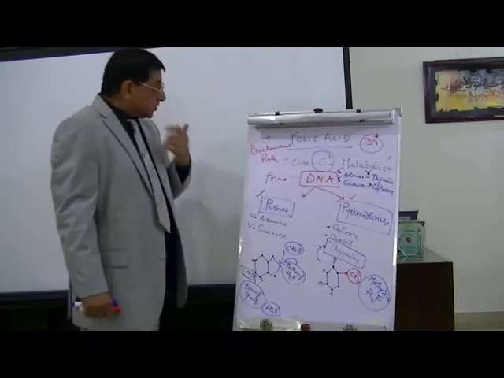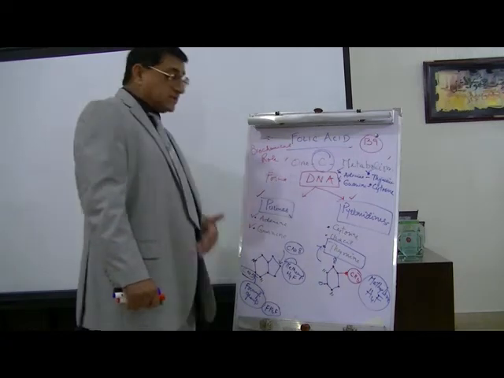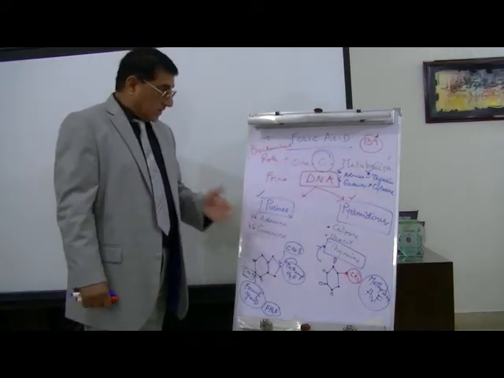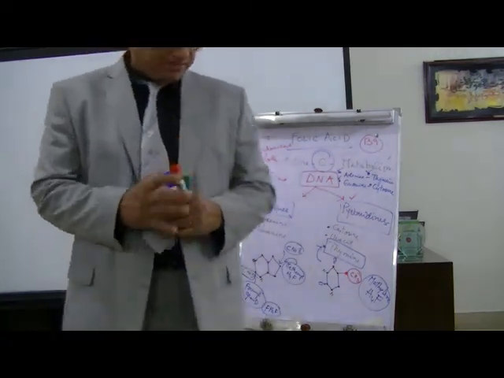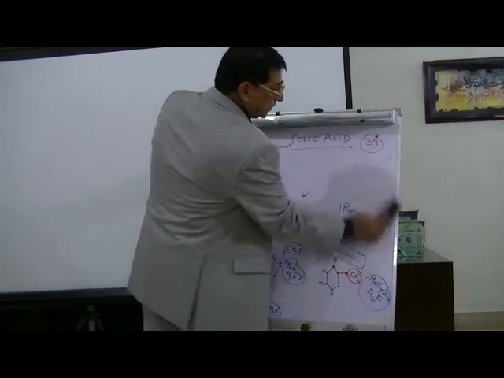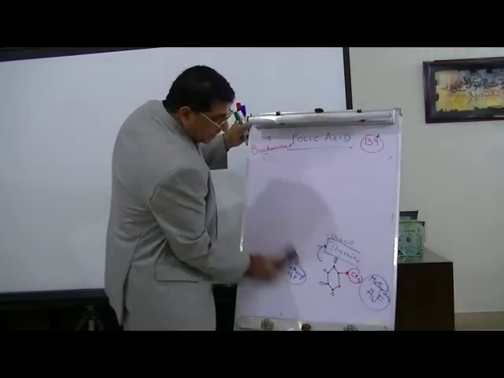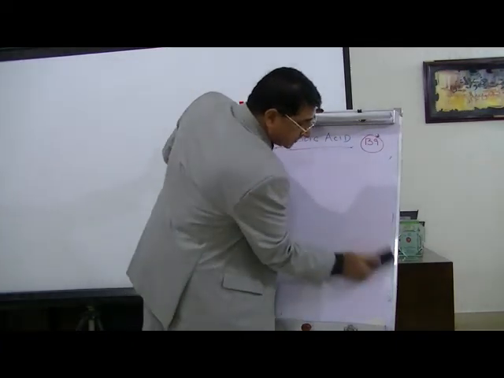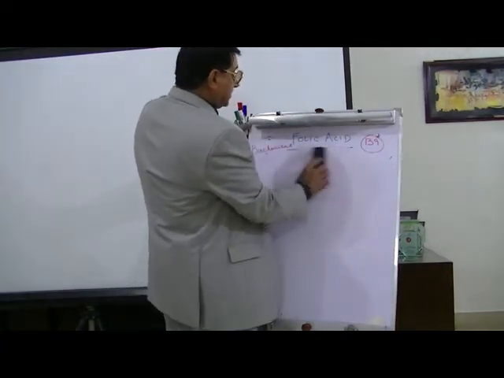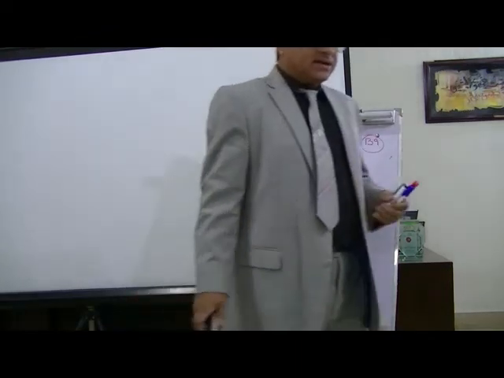Now, a bit of absorption and the procedure and a little more points in it. I told you that folic acid must be taken in the diet to carry what? One carbon metabolism. If one carbon metabolism has to be done, folic acid must be present in the diet. And in the diet, it is present in which form?